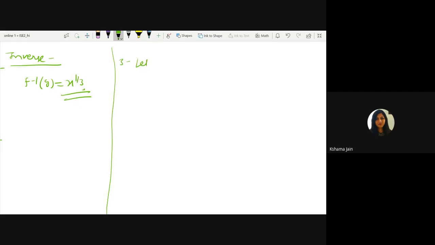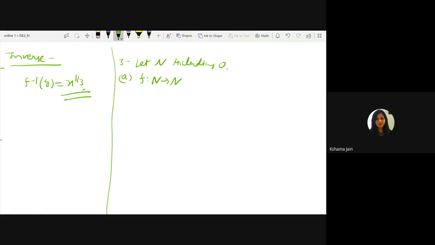Let again N be the set of natural numbers including 0. They are specially specifying including 0. Determine which of the following functions are one-one or onto and which are both one-one and onto. They are giving two functions simultaneously and asking whether these functions are one-one, onto, or both.